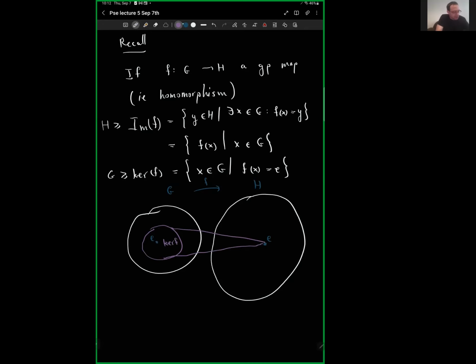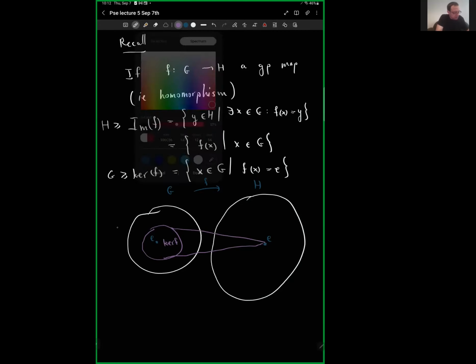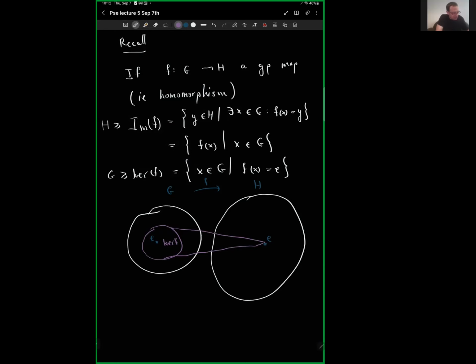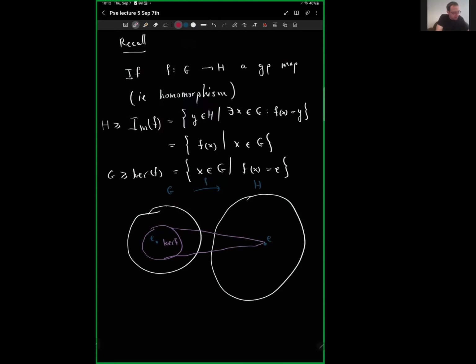And the image is what happens if you take all the possible elements in G and apply F on them. So this thing in red is the image of F.